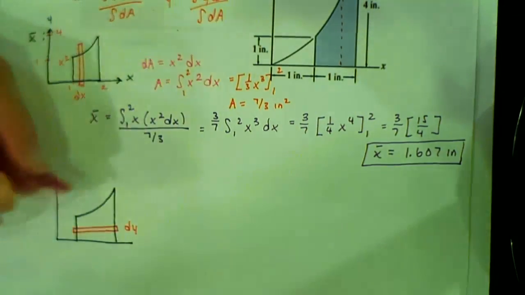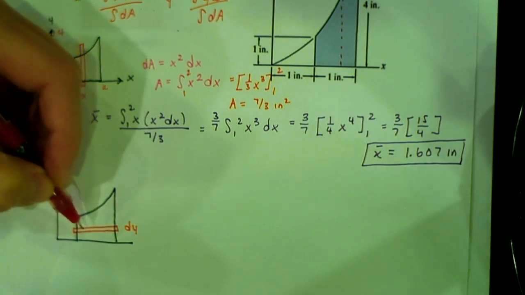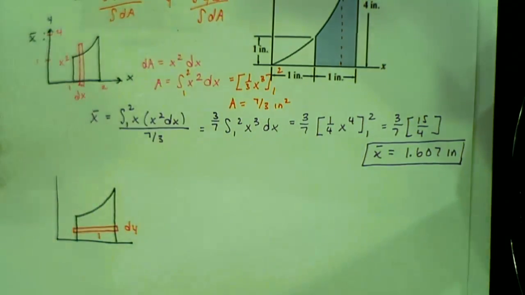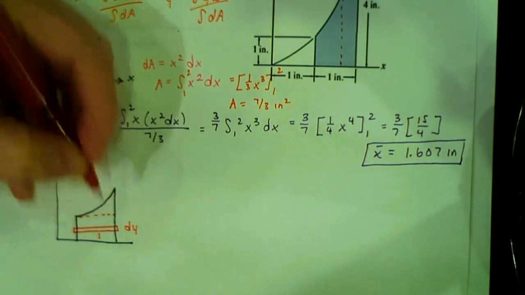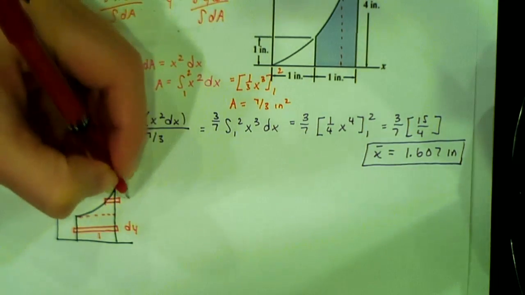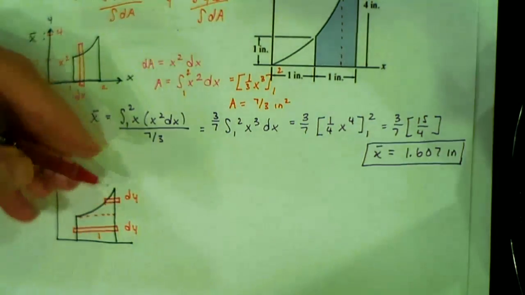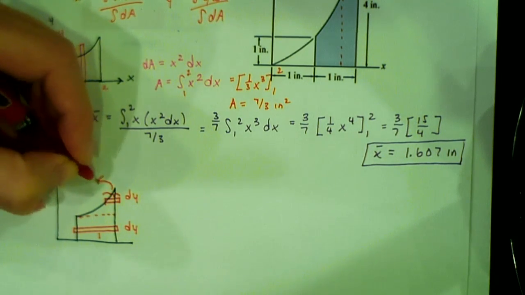So there's dy. What is this height or this base for that? Yeah, that's just a constant of 1. But then what happens once I reach this point? The shape changes. So I have two different figures I have to look at. So that's dy.